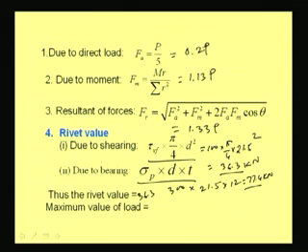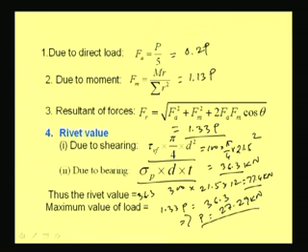So, to find out the maximum value of load, we have to find out that this rivet value will be becoming this R, that means 1.33 P will become 36.3. So, from this the value of P can be found out, which is coming 27.29 kilonewton.